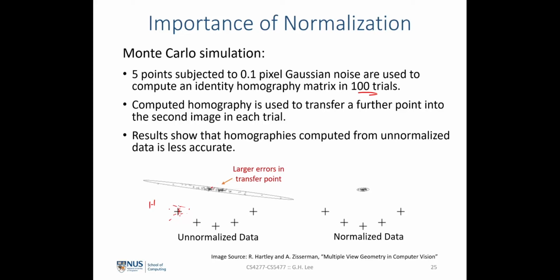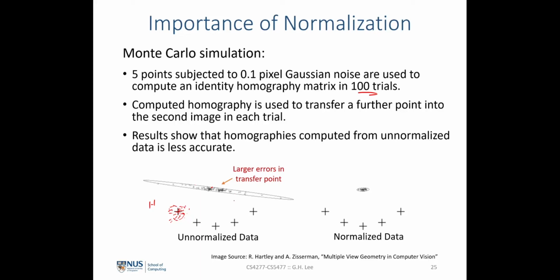Over these 100 trials, because of the 100 different randomly generated Gaussian noise of 0.1 pixel standard deviation, the transfer of the point by the homography that I have computed is going to end up in 100 different locations here.